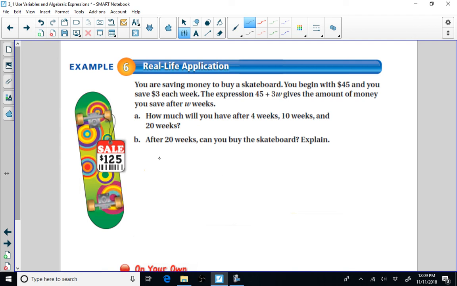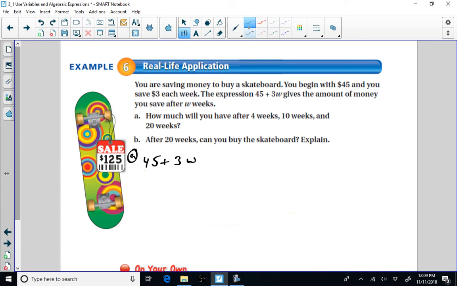So the expression is going to be, let's do part A. Part A is going to be 45 plus 3 times W. That's my expression.